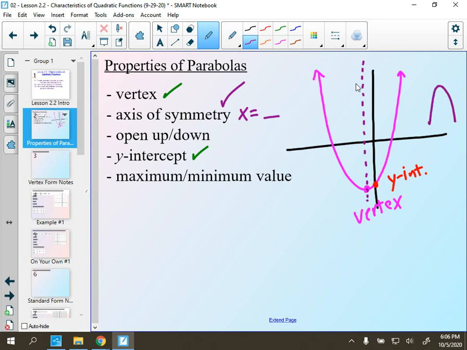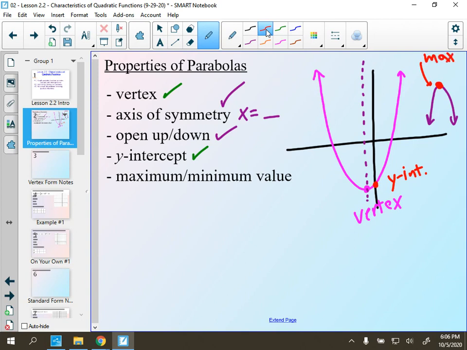We could potentially have a graph that opens the other way with all the same features: vertex, y-intercept, axis of symmetry, and then connected with our vertex is the maximum or minimum value. So we've got both figures here. I guess we might as well talk about them. Every graph that opens down has a maximum value.